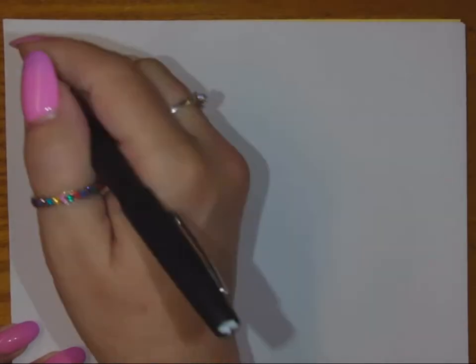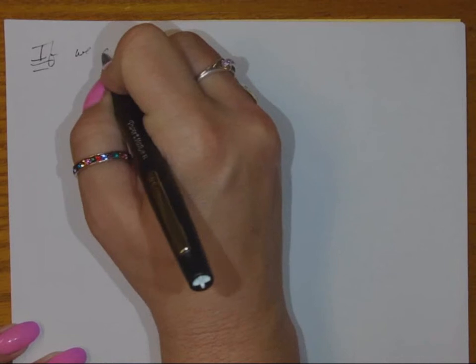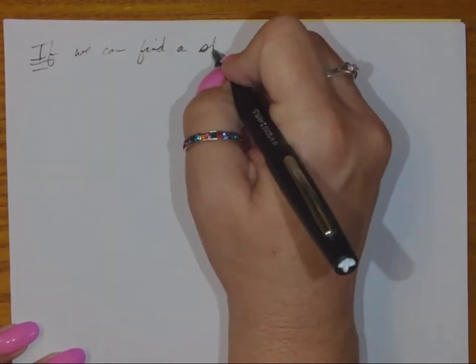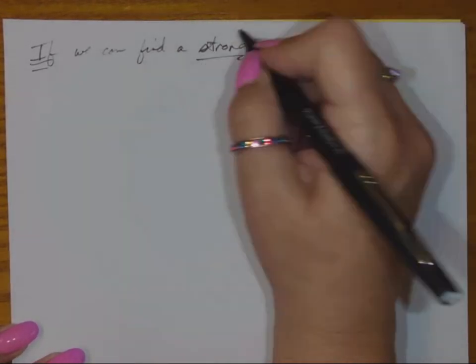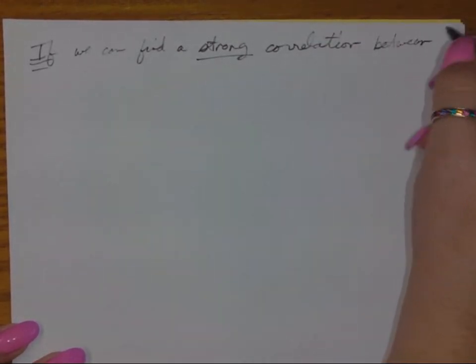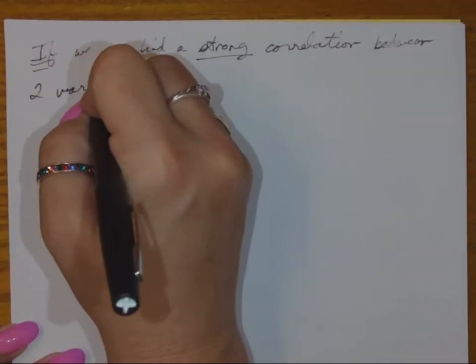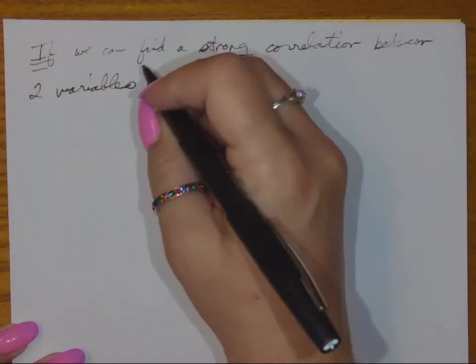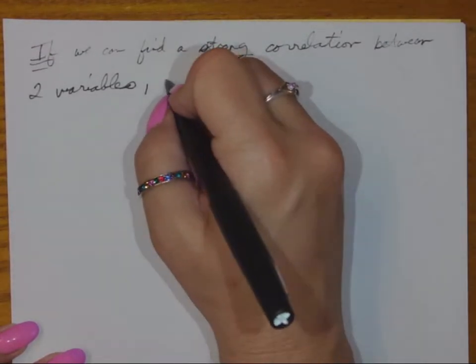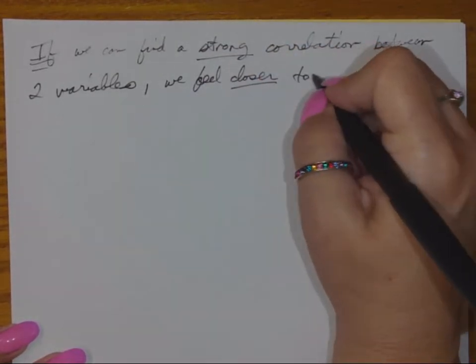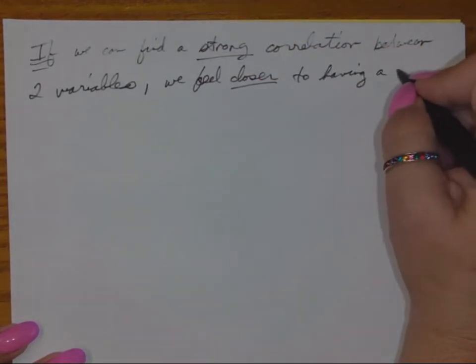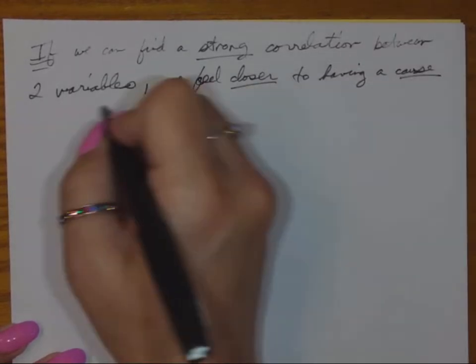And here's the thing about it. What we need to keep in mind is if we can find a strong correlation between two variables, okay, then we feel closer to being able to find a cause, closer to having a cause for some outcome.